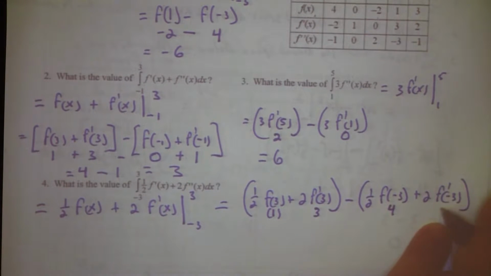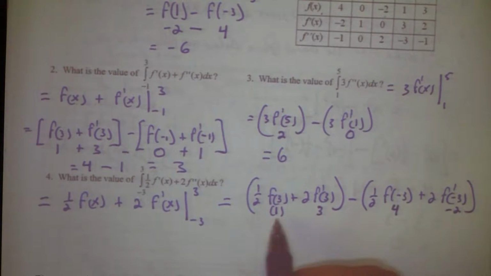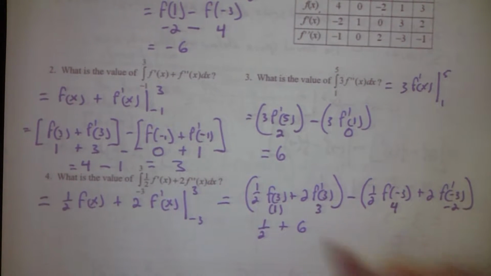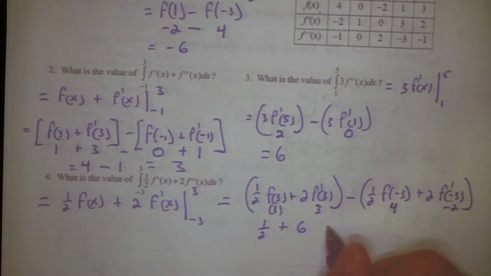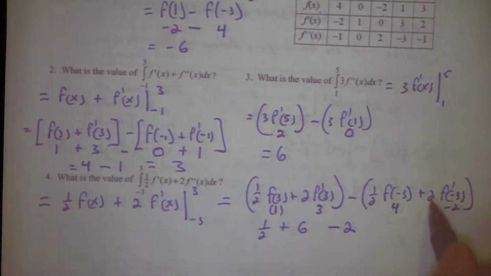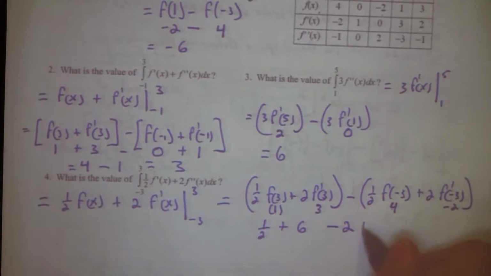-2. Alright. So 1 times half? Half. 3 times 2? 6. 4 times half? 2, but it becomes minus 2. Negative 2 times 2? Negative 4, but it becomes plus 4.